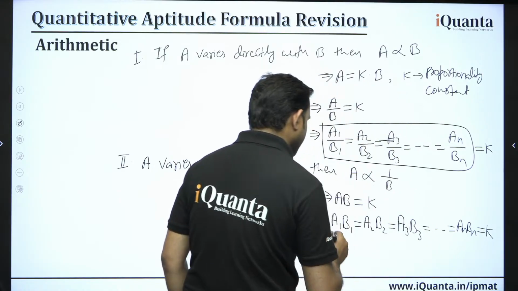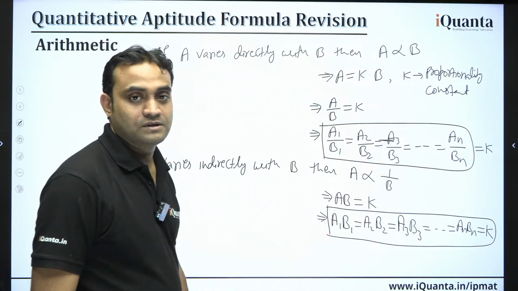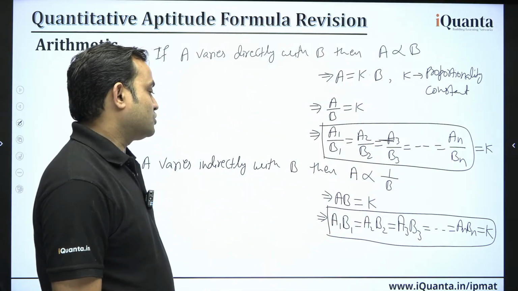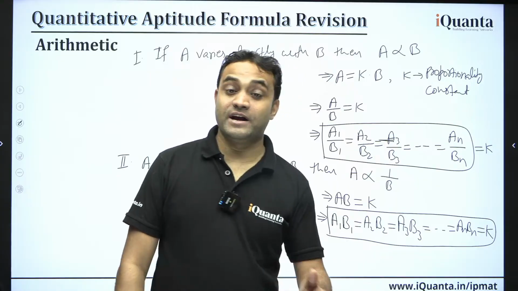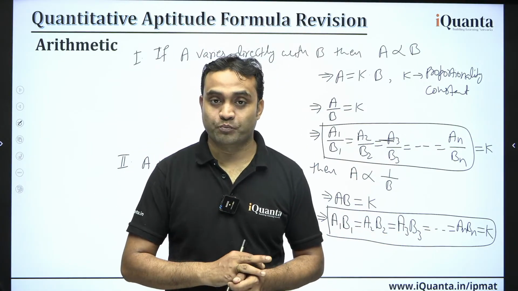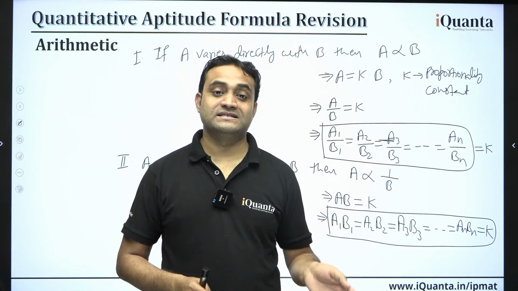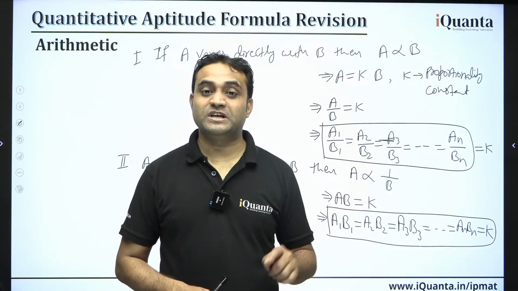All of these will be equal to K. Okay. So this is the relation between A and B if A is inversely proportional to B, or B is inversely proportional to A, or A varies indirectly with B.